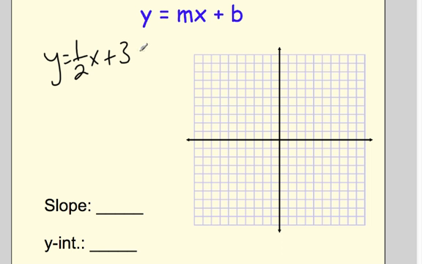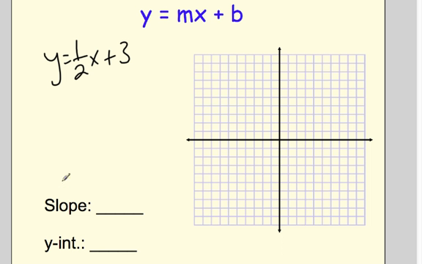You need to be able to identify what the slope is and what the y-intercept is. And if I give you the slope and the y-intercept, you should be able to write the equation. So just understanding what parts of this are the slope and what part is the y-intercept. And then I'm also going to show you the graph side of it so you have a sense for what that's going to look like when you have these things.